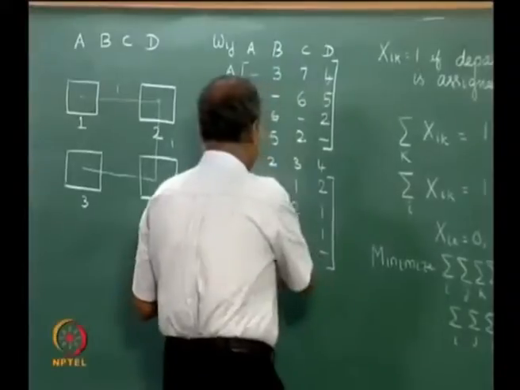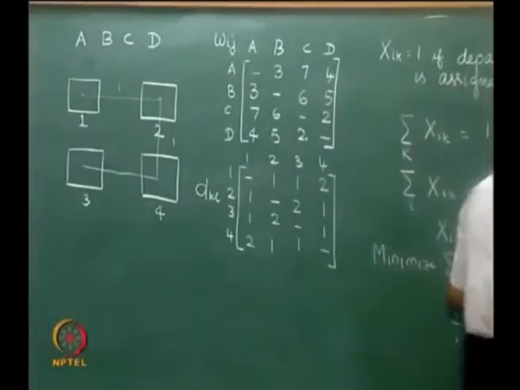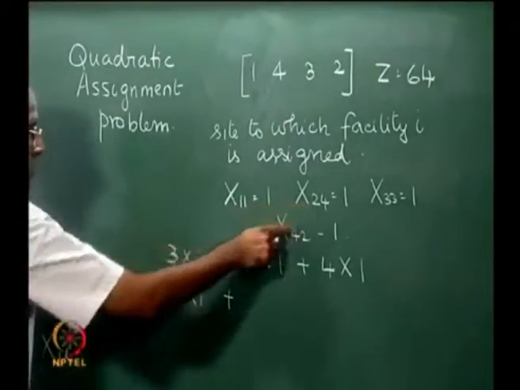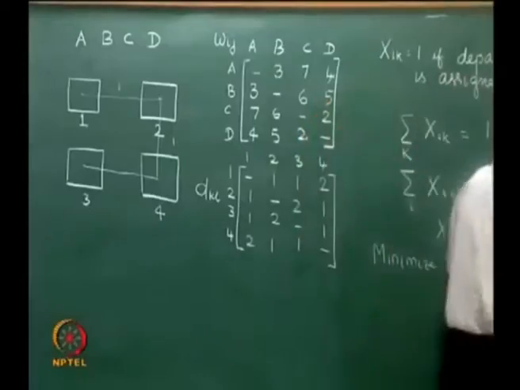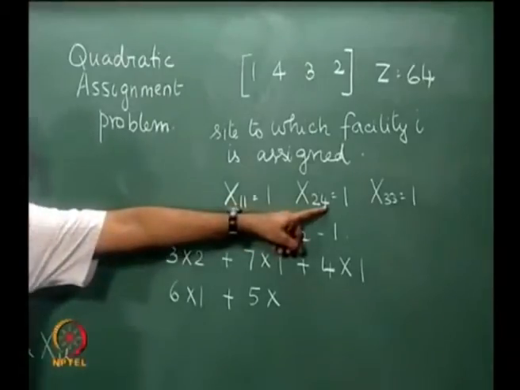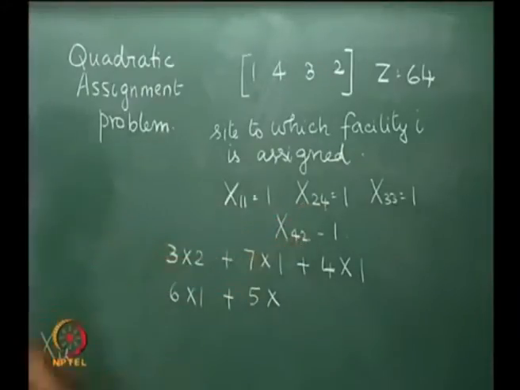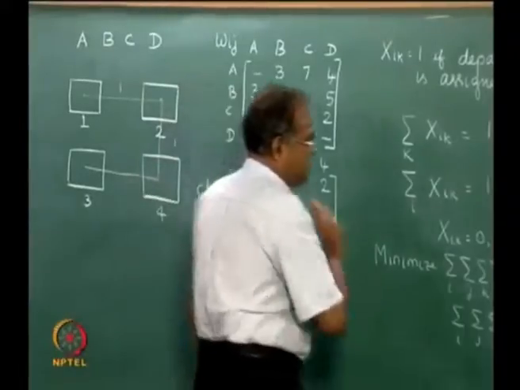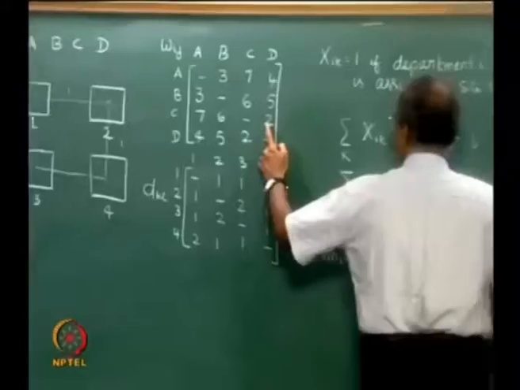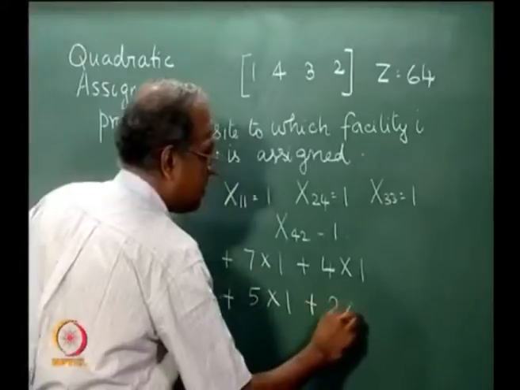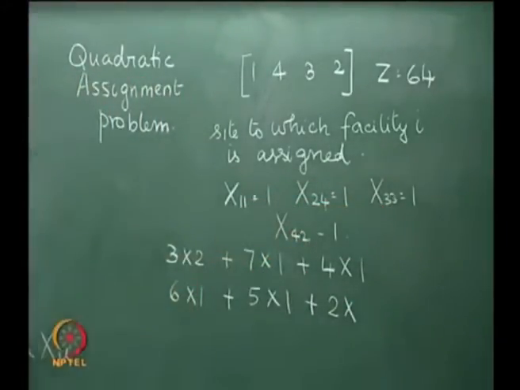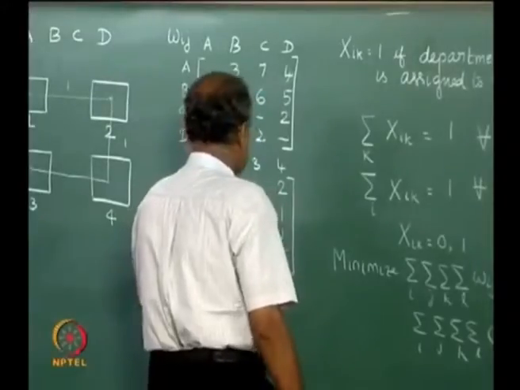So, the distance between 3 and 4 is 1, plus facilities 2 and 4. 2 and 4 have weight equal to 5. Facility 2 is allocated to site 4, facility 4 is allocated to site 2, and the distance between 2 and 4 is 1. For 3 and 4, the weight is 2, 3 is allocated to 3, 4 is allocated to 2. So, between 2 and 3 the distance is 2.